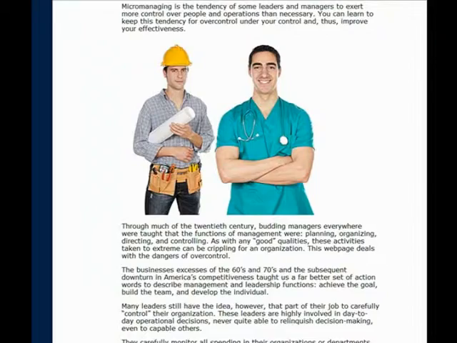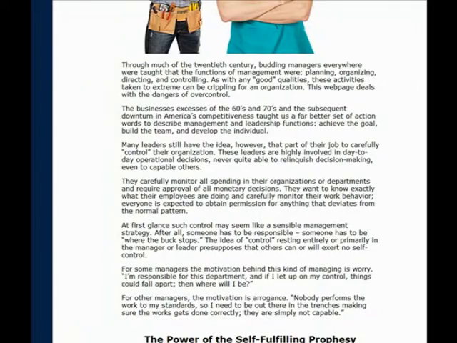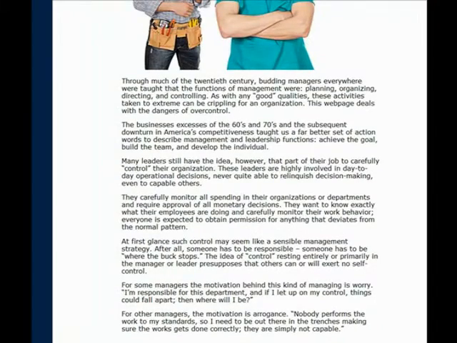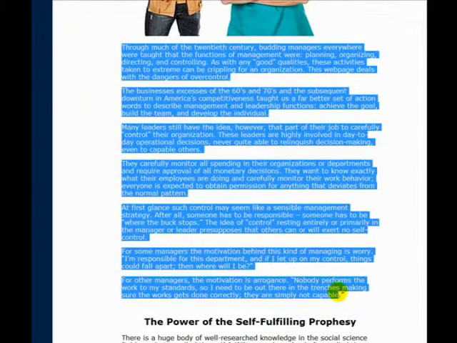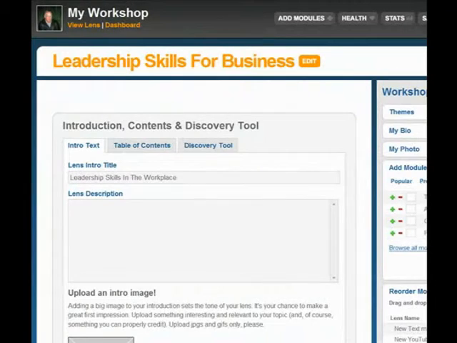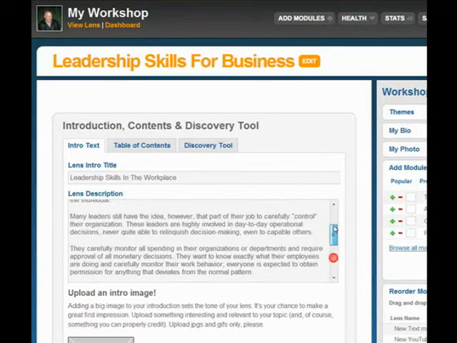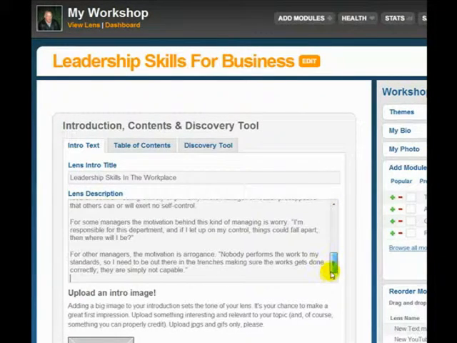But we can copy and paste literally this introduction here right into our Squido lens. So we're just going to do that. And copy. Go ahead and paste this right into our Squido lens, and then you can see that all the content for our intro is right here.